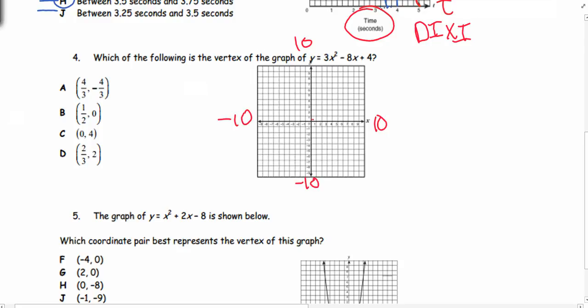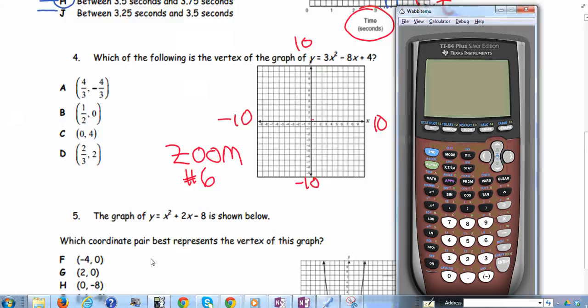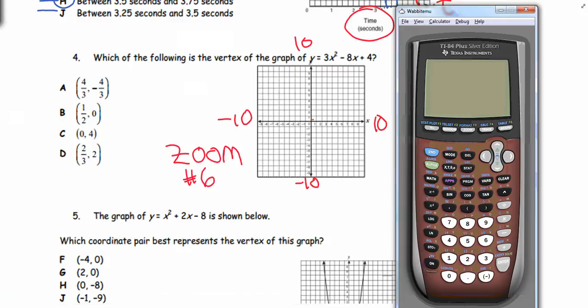So if you remember from the previous videos, if we do a zoom number 6, that'll give us our window that's 10 wide. So let's go ahead and turn our calculator back on, and let's clear this out. We had some equation in there from before.